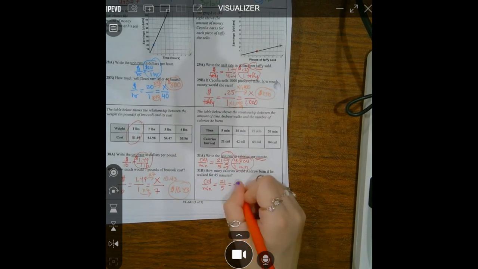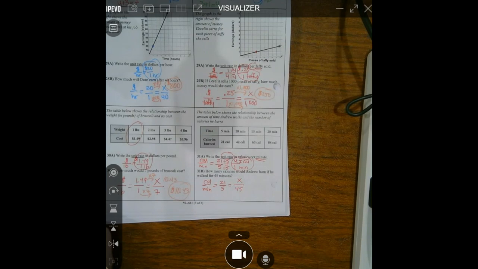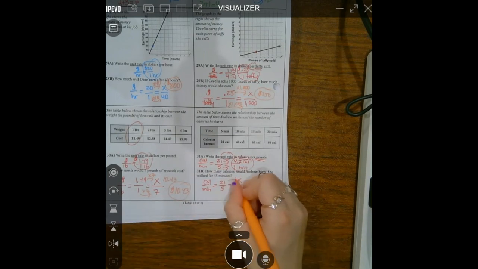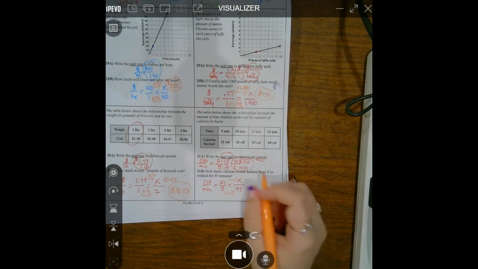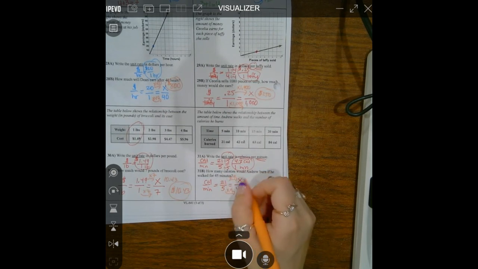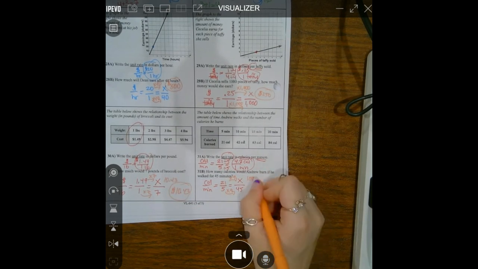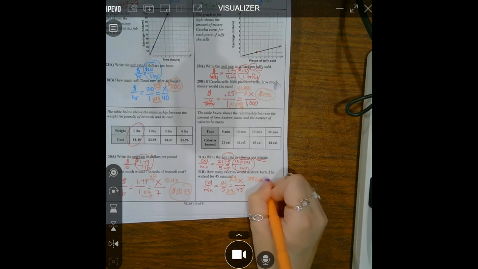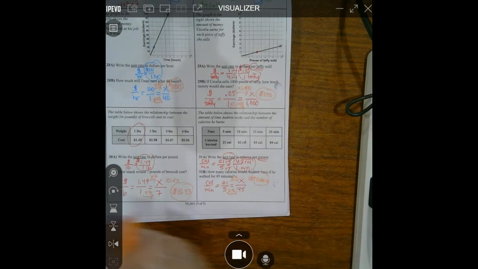Yeah, on the bottom because it's talking about minutes. And then you're going to solve for how many calories he can burn. So then go towards your unknown, which is this way. 5 times what is 45? 9. So then 21 times 9 is 189. So he can burn 189 calories in 45 minutes.